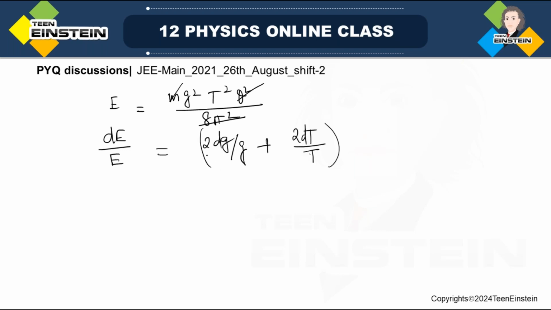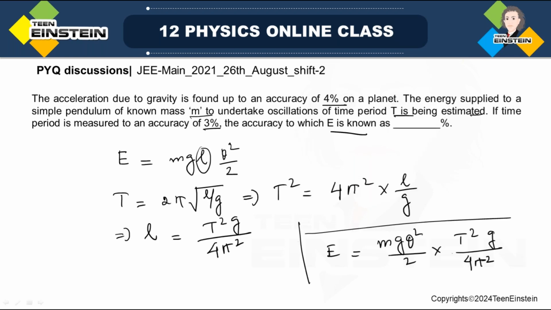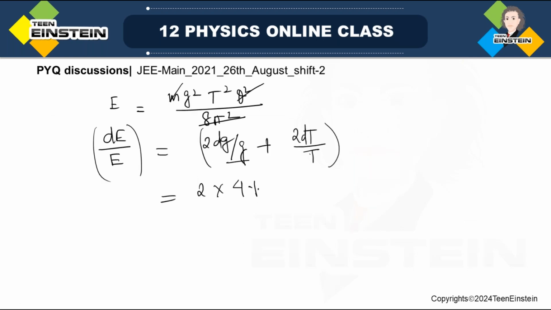Okay, so to find out accuracy in percentage, we will be using this given percentage, 4% over here, right? 4% in the accuracy of gravity, acceleration due to gravity, and 3% in the measurement of time period.